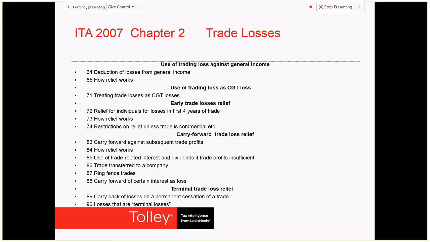You can then take it down and use it against a capital gain. You can, if you're in the opening years of your business, have that relief where you take the loss back 3 years, earliest year first, or carry it forward, or if you're ceasing to trade, terminal loss relief. Now I could just highlight those headings in the contents section and I've got a rough summary, a reminder, a memory jogger of every option open to me when it comes to loss relief.